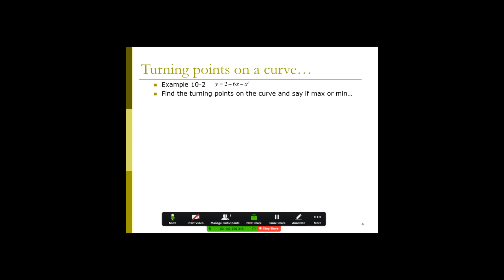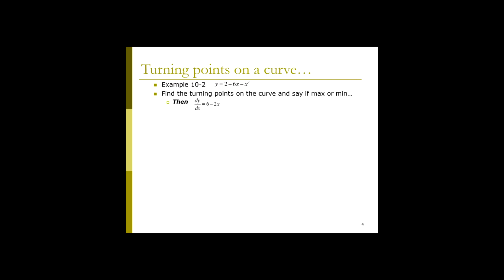Find the turning points on the curve and say if it's a maximum or minimum. A good idea here would be to plot the curve. So y equals 2 plus 6x minus x squared. We could plot that curve, and then from inspection of the graph, we could predict the turning point. But let's do it using differentiation.